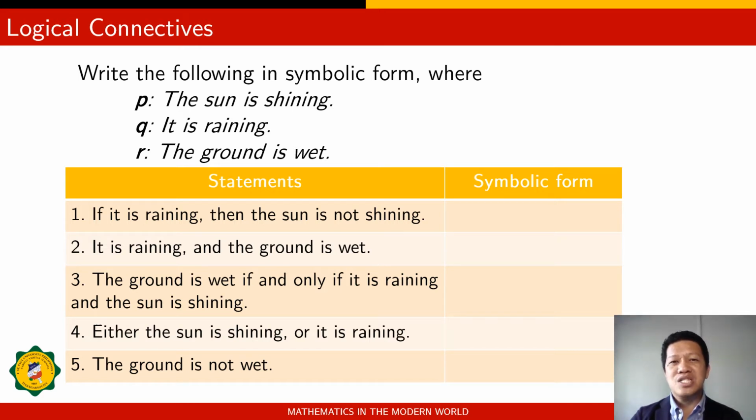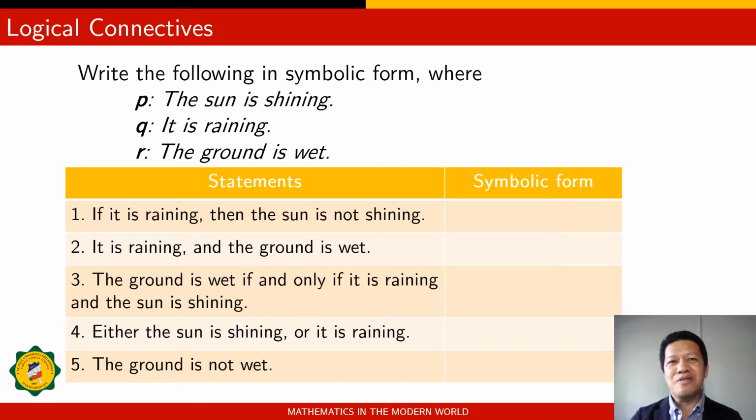So the first thing is you should know first the type of statements, whether it is disjunction, conjunction, conditional, biconditional, or it is just a negation. For number one, if it is raining, then the sun is not shining. This one is a conditional statement because we have the word if then.